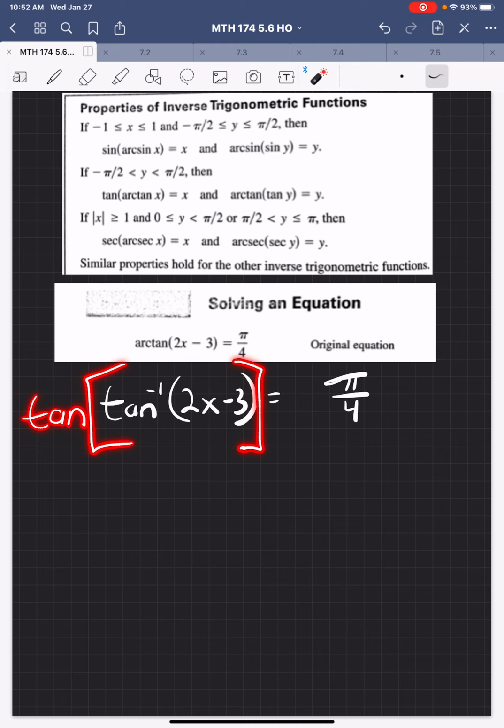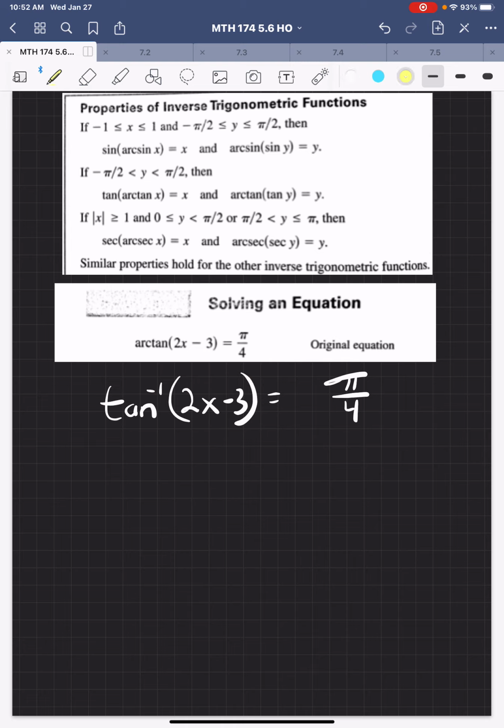Do you see how I would undo what it is that I originally did? So what I'm going to do is take tan of both sides of this equation. And the point is, if I take tan of tan inverse, or tan inverse of tan, these functions are going to just cancel each other.